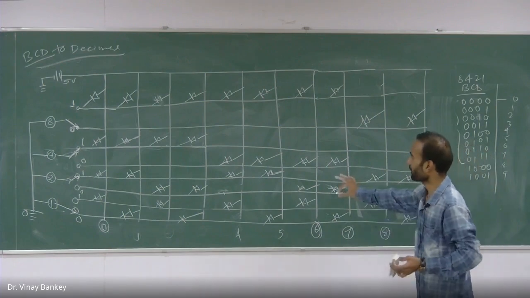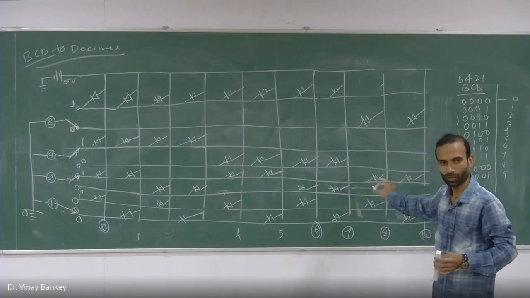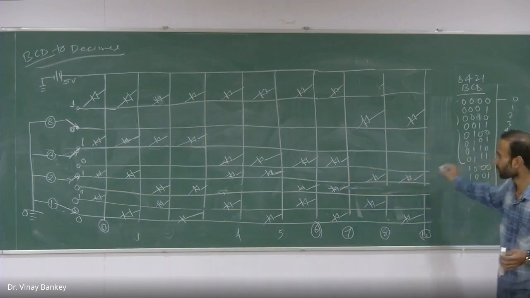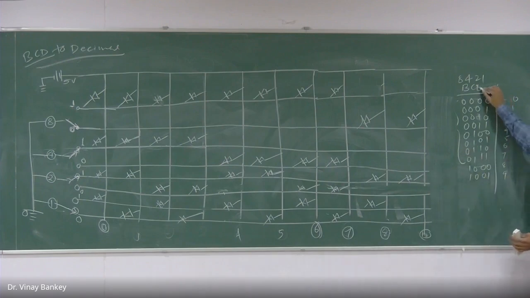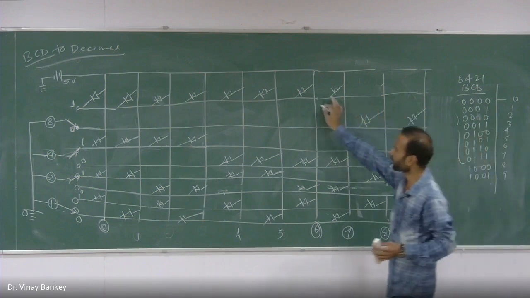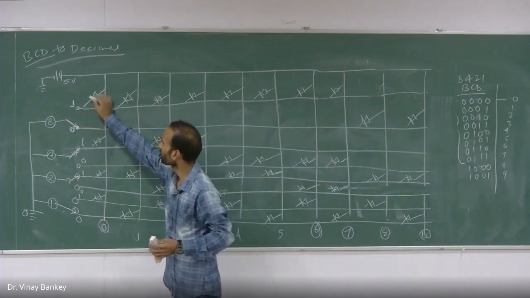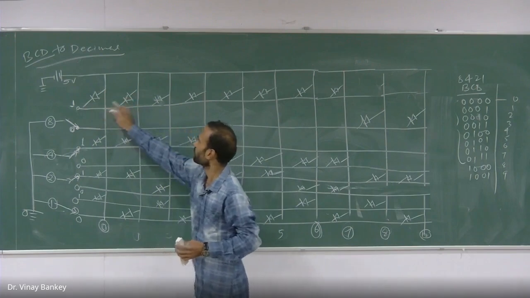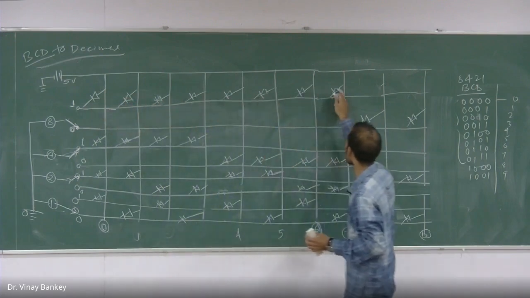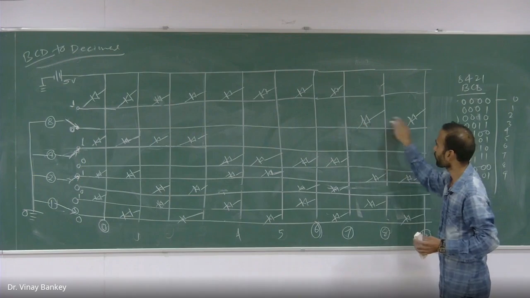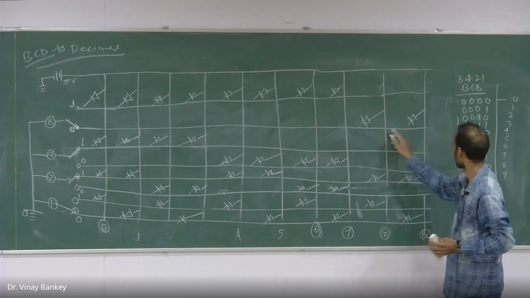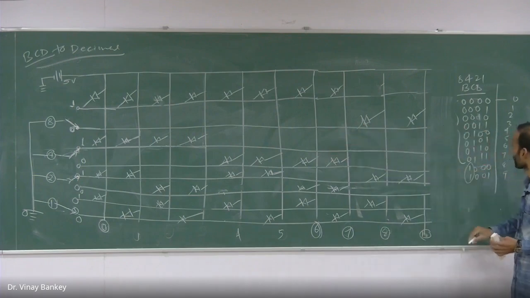So how to draw it? I think now you got how to draw it, because you should first write this BCD, and for all 0s, I have put 8 diodes here for this position. 0, 1, 2, 3, 4, 5, 6, 7, 8, and 2 diodes for that 0th line. So here you have 2.